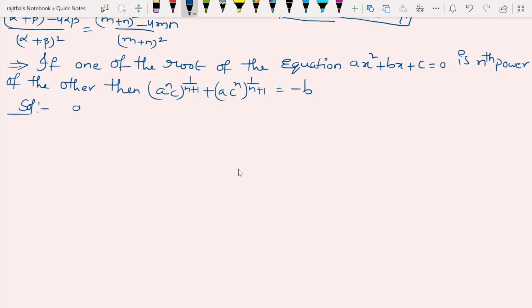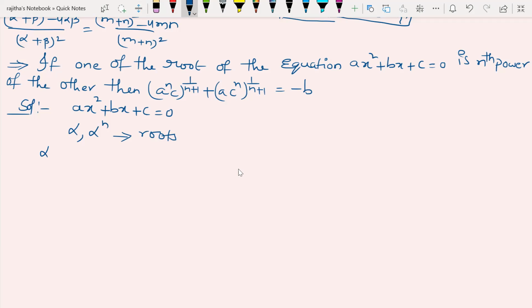Here the given quadratic equation is ax square plus bx plus c is equal to 0. Then alpha and alpha power n are the roots, as one of the roots is the nth power of the other.